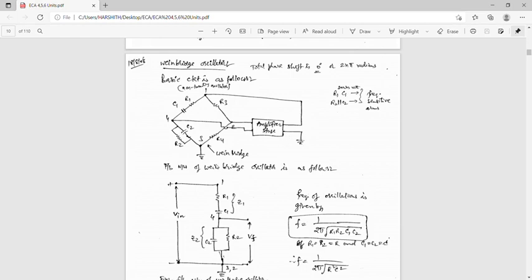The amplifier stage output is applied to terminals 1 and 3, which is the input to the feedback network. So this is the feedback.